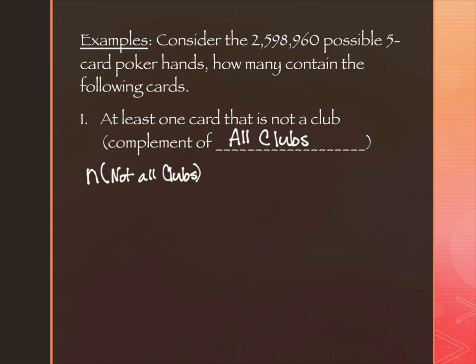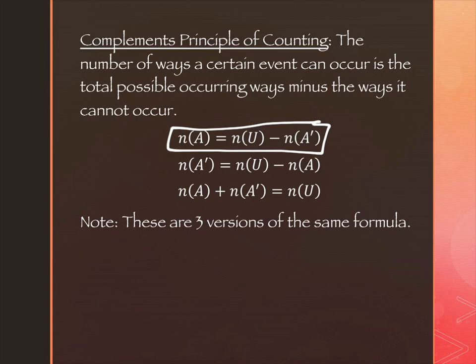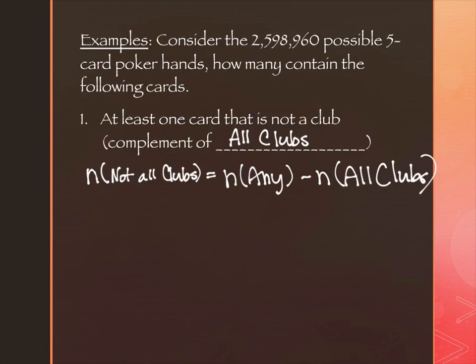Not all clubs is the same as calculating the number of ways of getting anything minus the number of ways of getting all clubs. Does that make sense? That's this formula here. Notation, remember, in parentheses means number of something. That's the notation we explored back in chapter 2.